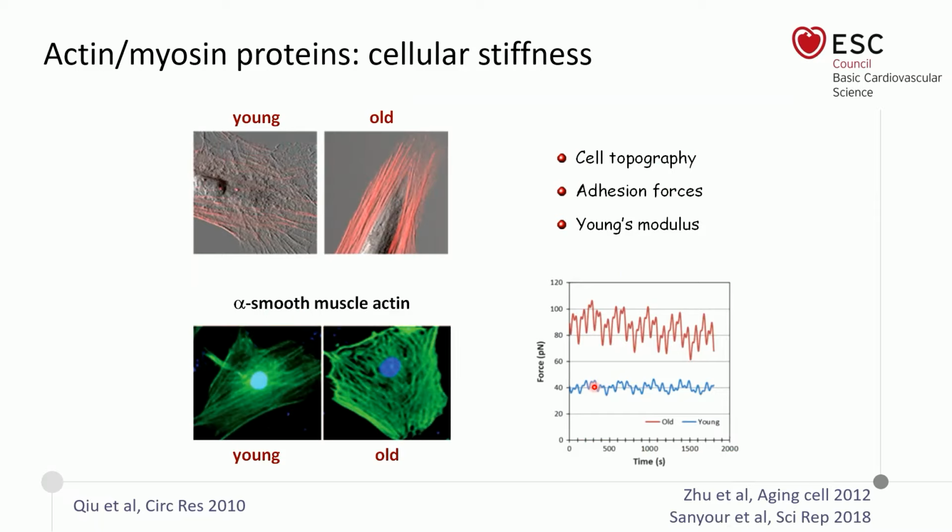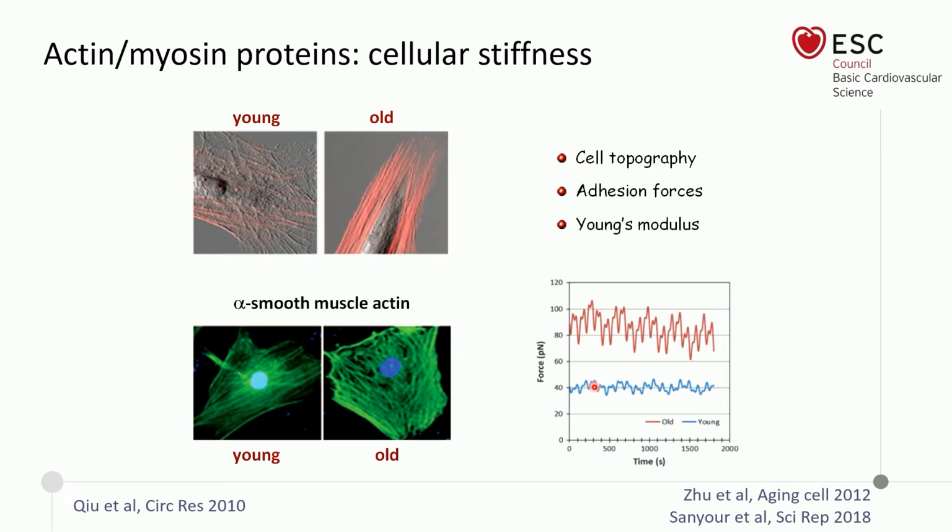There is a recent concept which emerges in arterial stiffness: the concept of cellular stiffness of vascular smooth muscle cells. With atomic force microscopy, it is possible in living cells to measure cell topography of the membrane, adhesion forces between the cell and the extracellular matrix, and Young's elastic modulus, which is an index of stiffness.